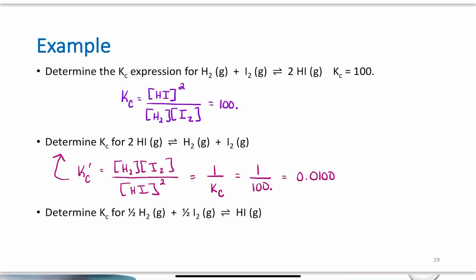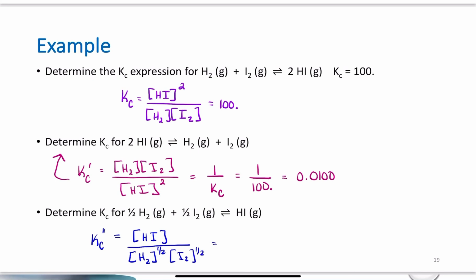And determine Kc for 1/2 H2 gas plus 1/2 I2 gas in equilibrium with 1 mole of HI gas. And call this Kc double prime. Write out your K expression. Concentration of HI divided by the concentration of H2 to the 1/2 times concentration of I2 to the 1/2.